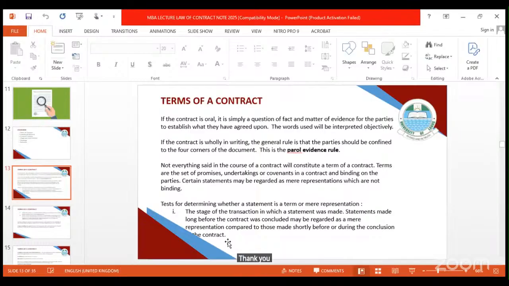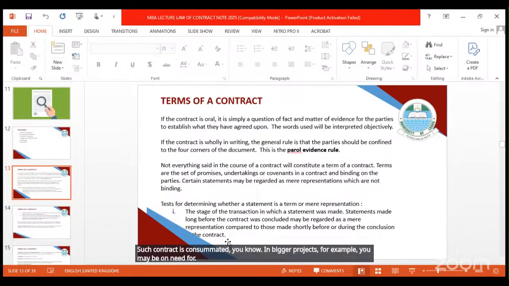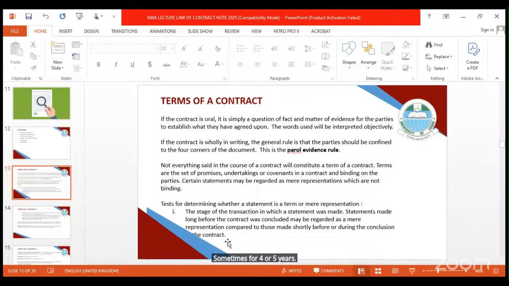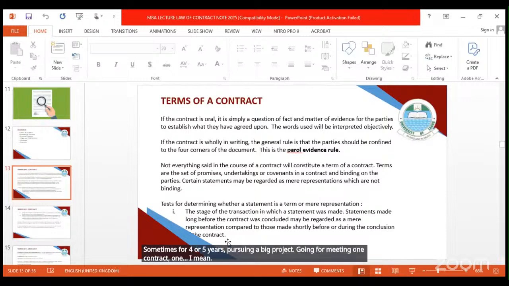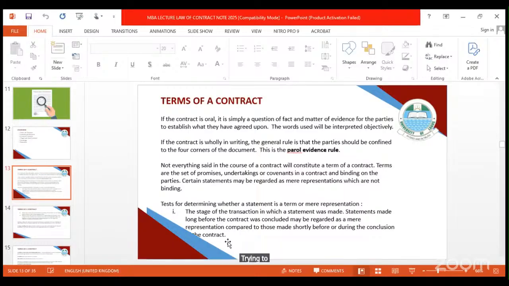Thank you. So you will see that usually, in contracts, it may take a long period before such contract is consummated. In bigger projects, for instance, you may be on it sometimes for 4 or 5 years, pursuing a big project, going from one meeting to another, trying to secure the job.